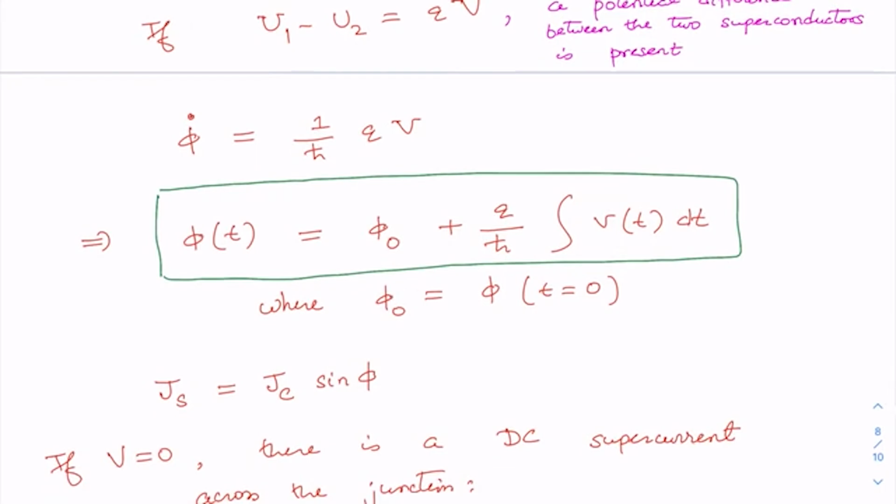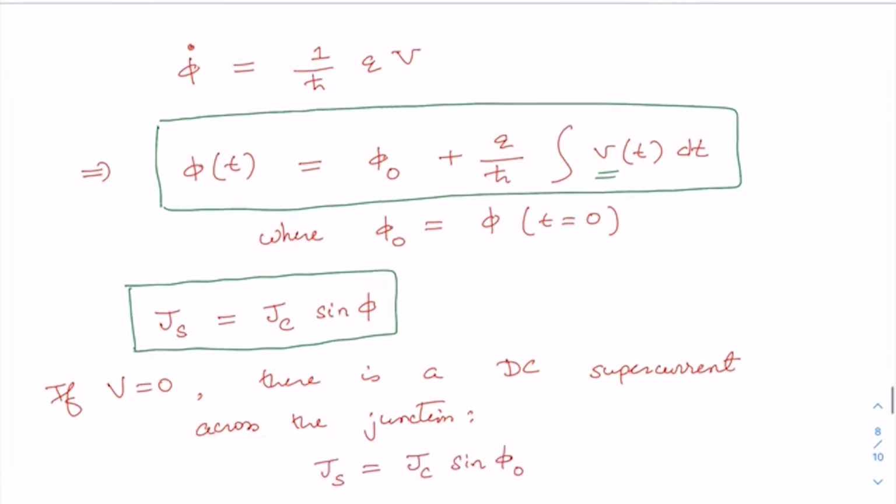If there is no potential difference V, then this phase is simply phi 0, which is the phase at time t equal to 0, and the current density is Js equal to Jc sine phi, which I already told.